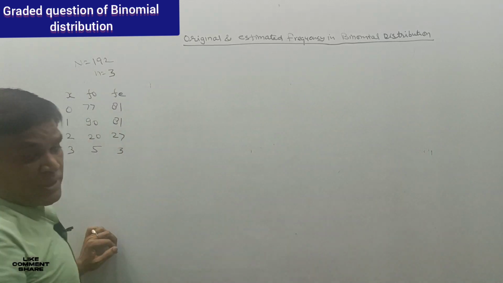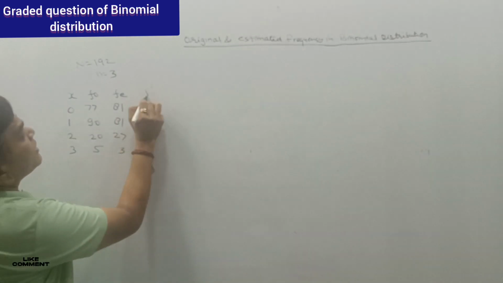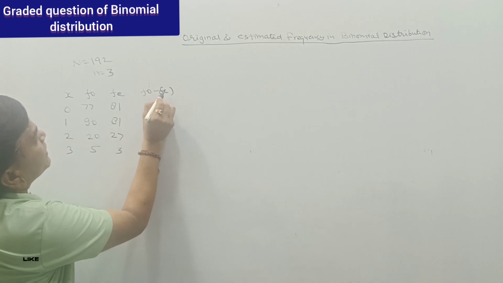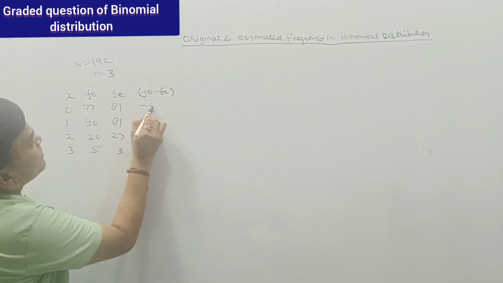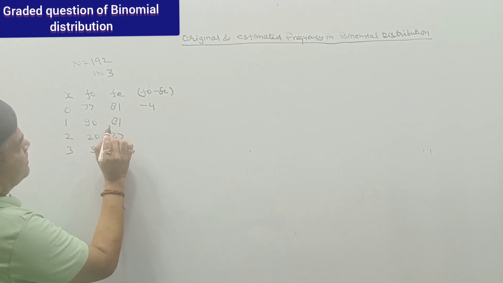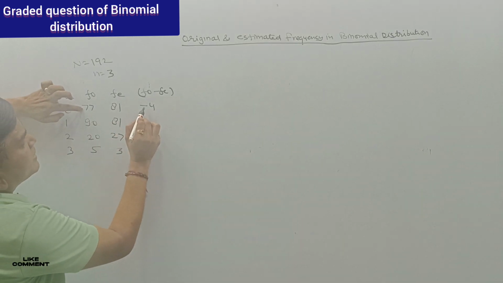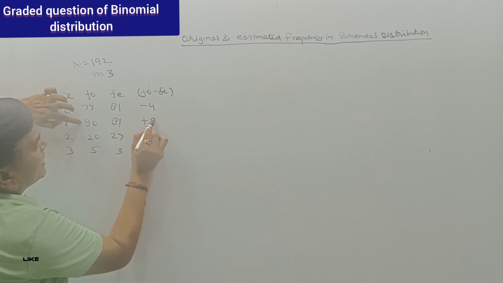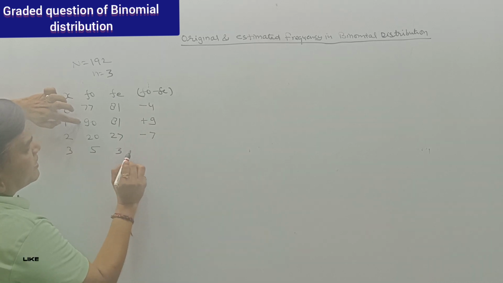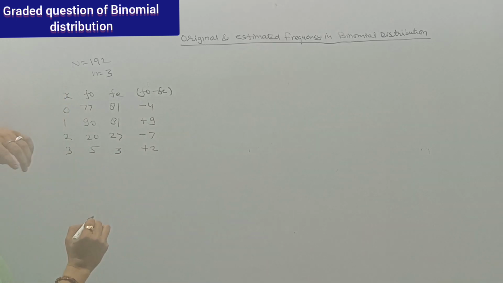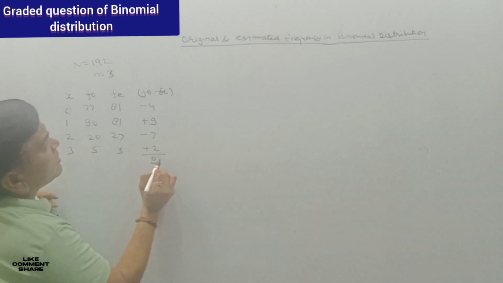Now original minus estimated frequency: 77 minus 81 is minus 4, then plus 9, then minus 7, then plus 2. So the sum of these will be 0.